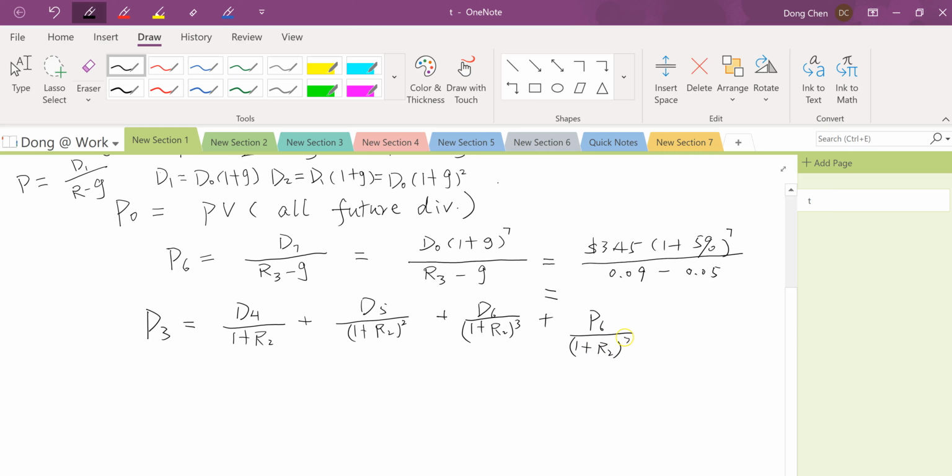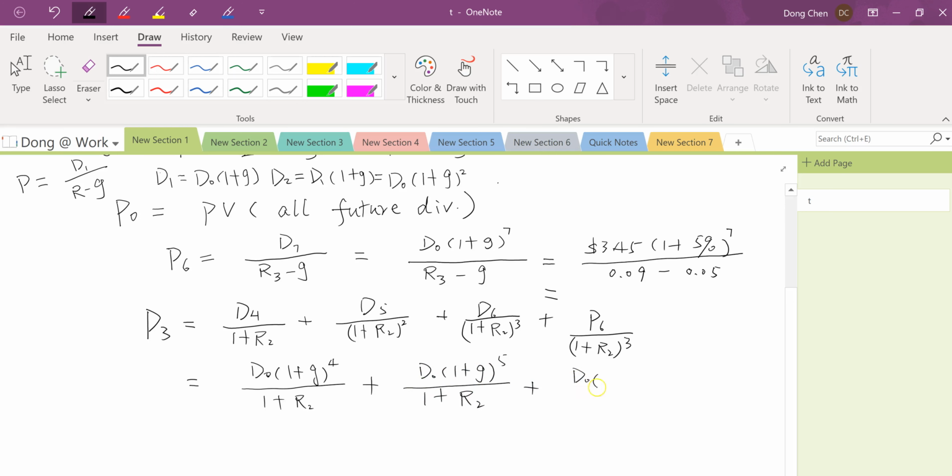So now I can simply plug in the numbers. D4 equals D0 times 1 plus G raised to the 4th power, divided by 1 plus R2, plus D0 times 1 plus G raised to the 5th power, divided by 1 plus R2 squared. Here I forgot this is a square.